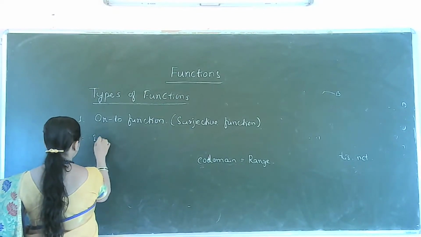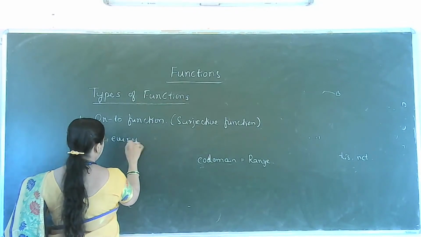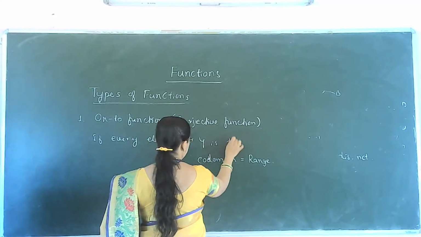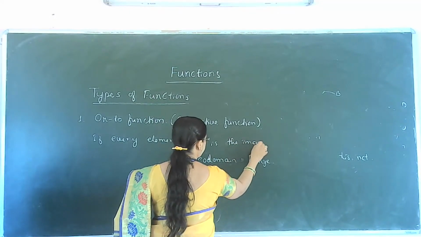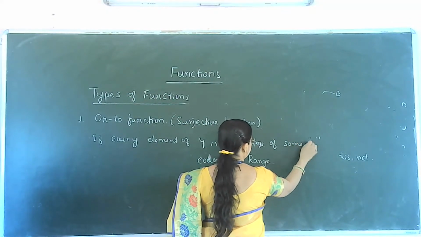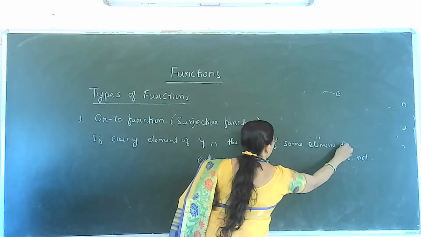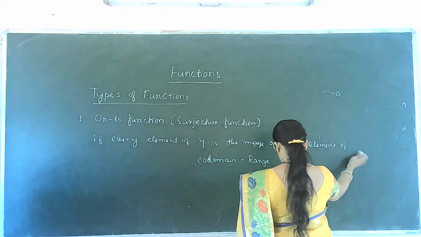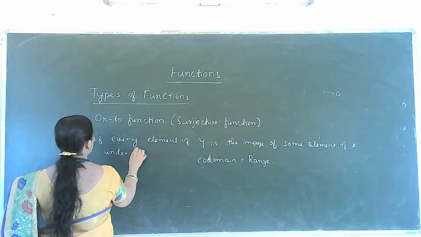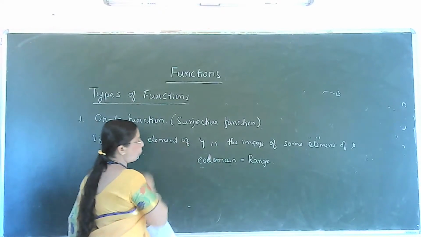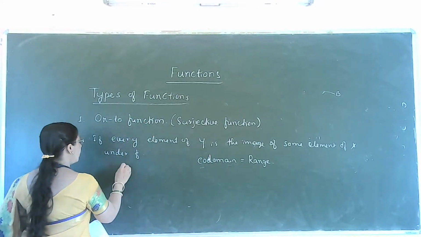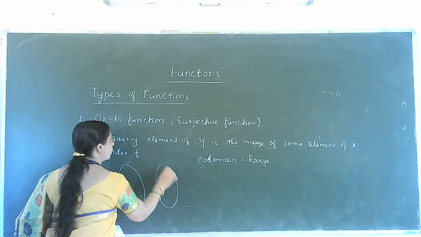A function is onto if every element of Y, the codomain, is the image of some element of X under f.